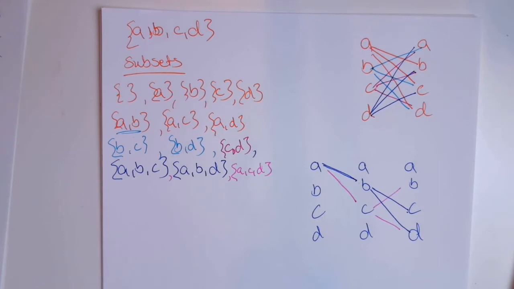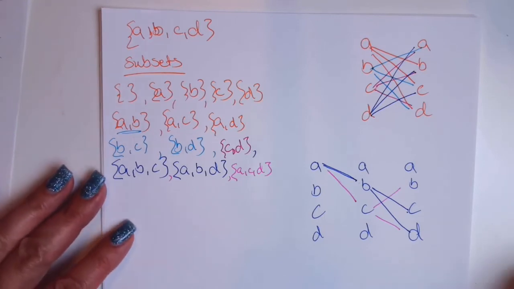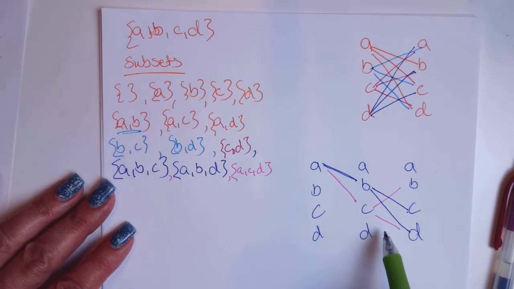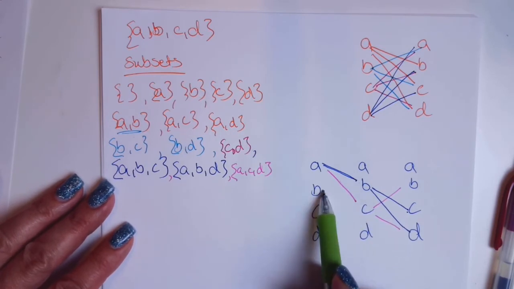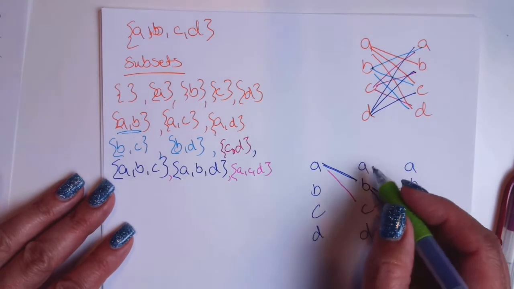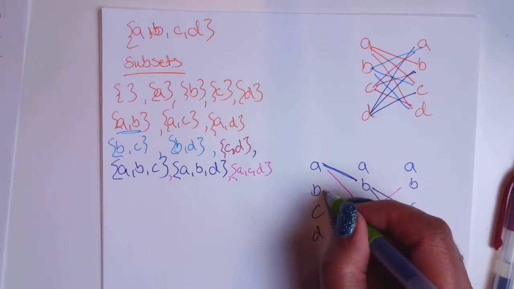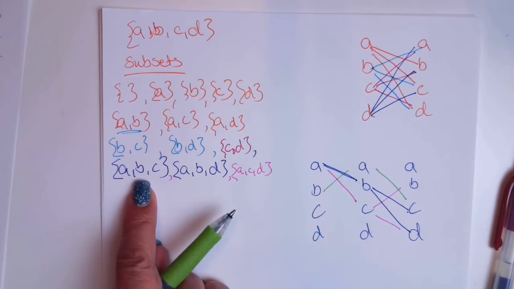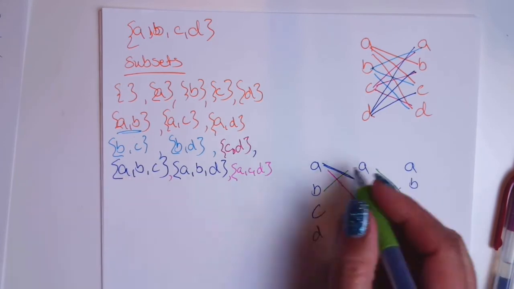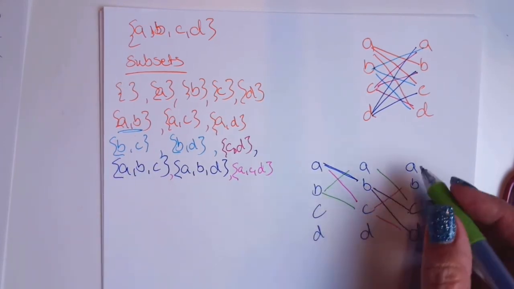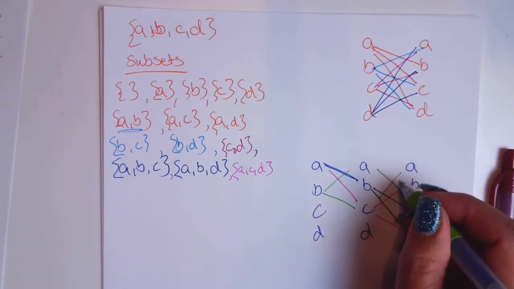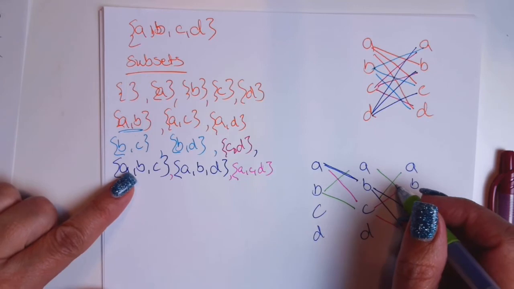Okay, next one. What we're going to do with that is we've used A with everything already, so we're going to take B. So B, A, C is right here in a different order. B, C, A is right here.